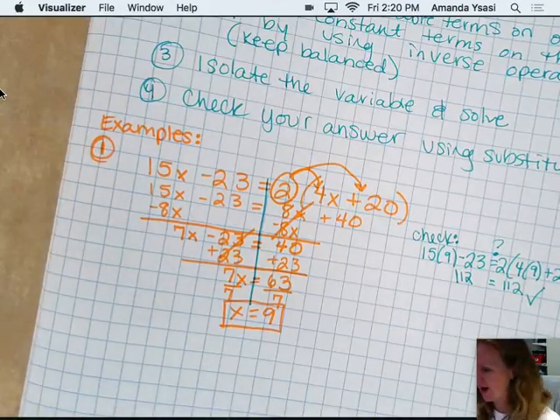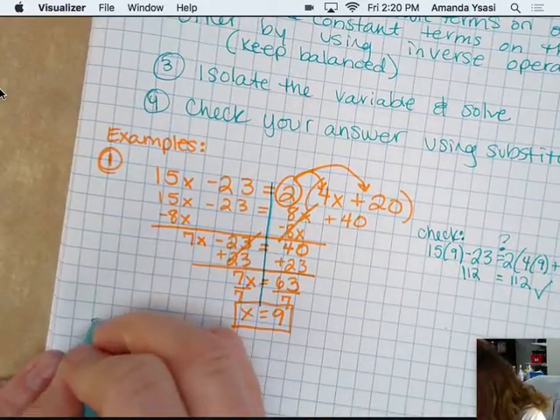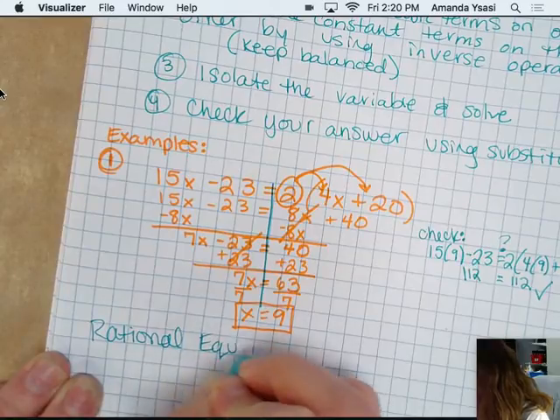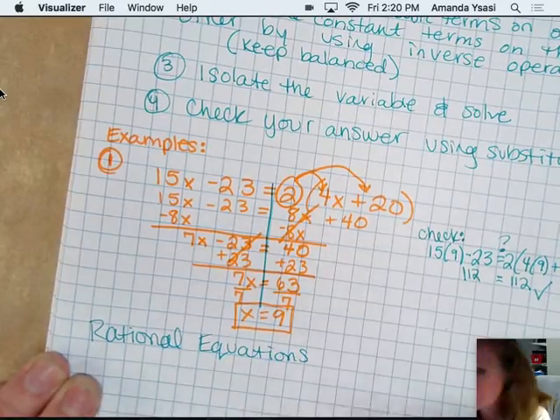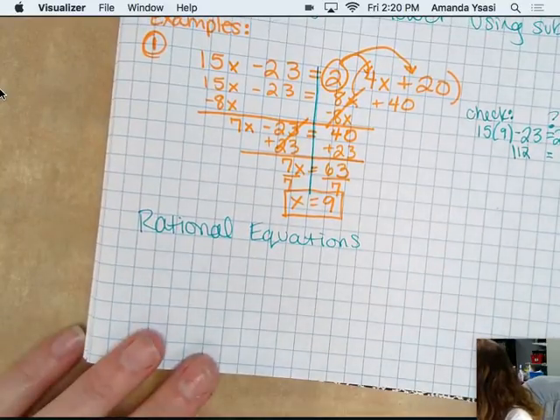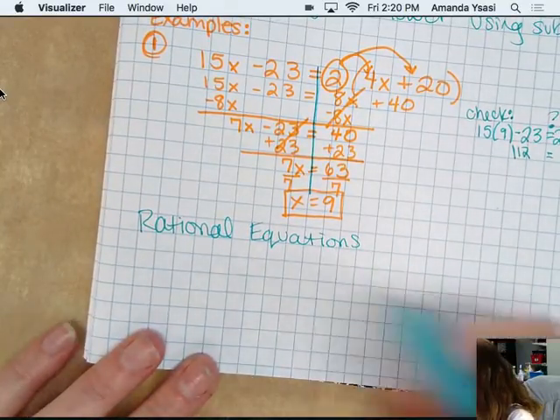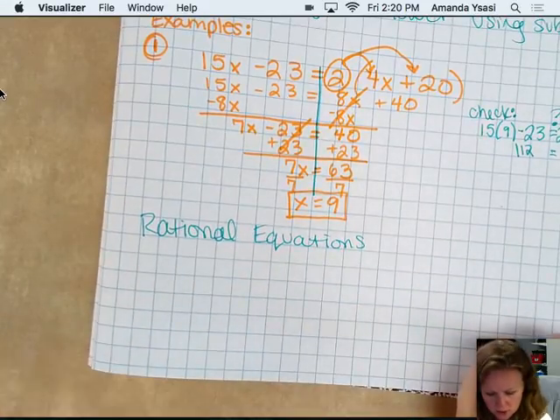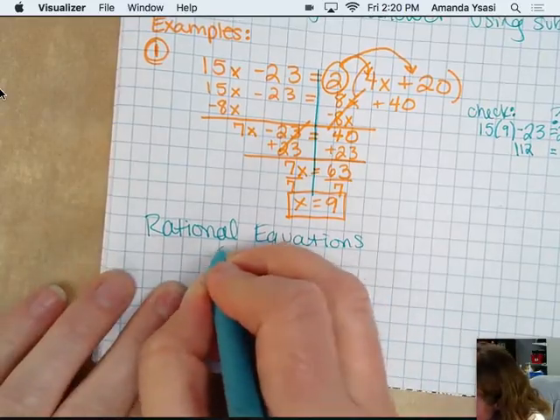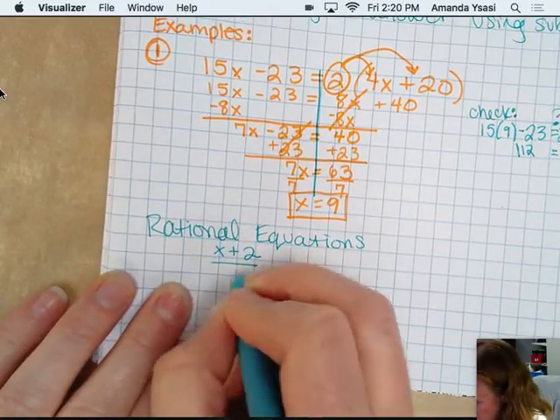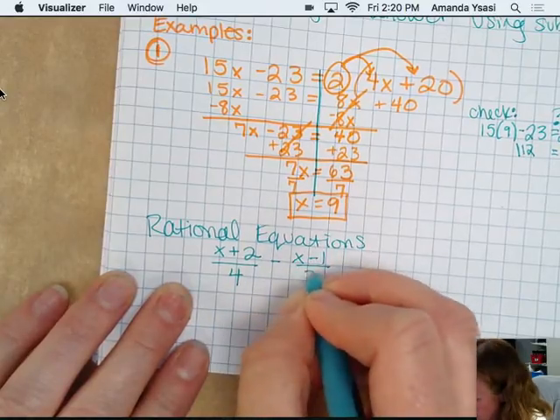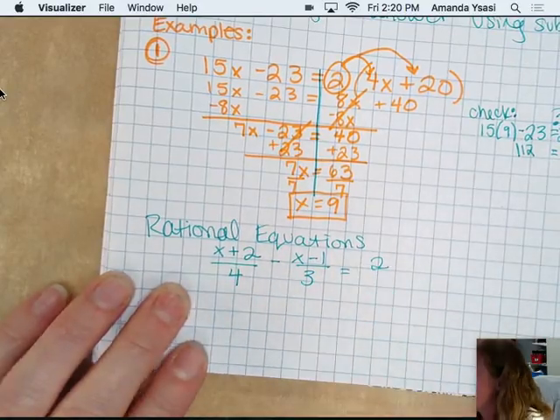So let's do the fractions. So rational equations. What we'll want to do is get rid of the fractions. We can clear the fractions. So I'll show you an example. x plus 2 over 4 minus x minus 1 over 3 equals 2.